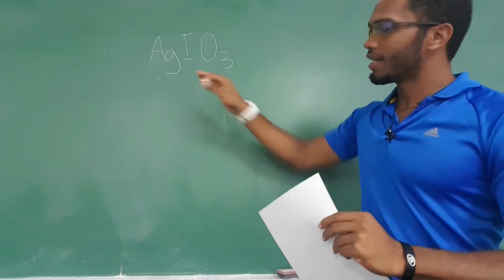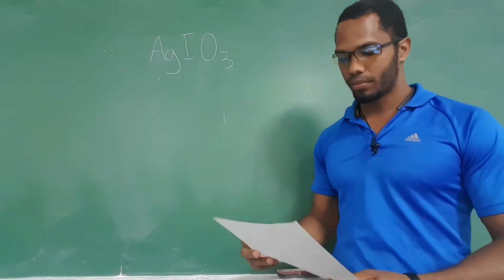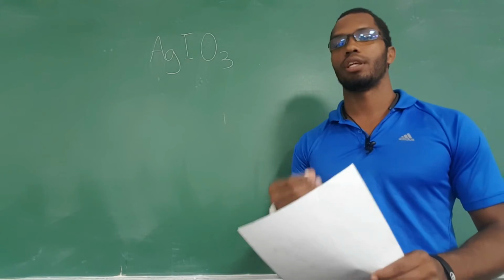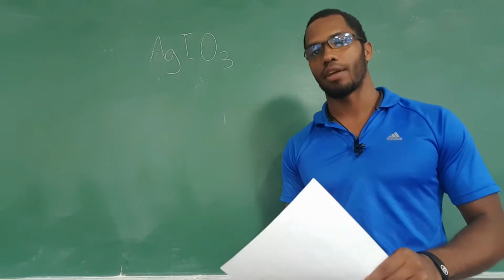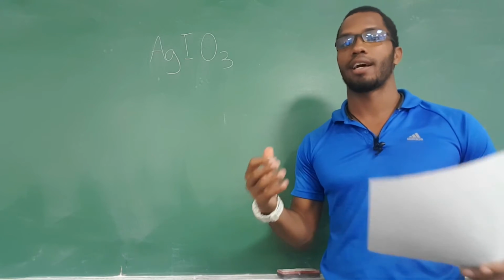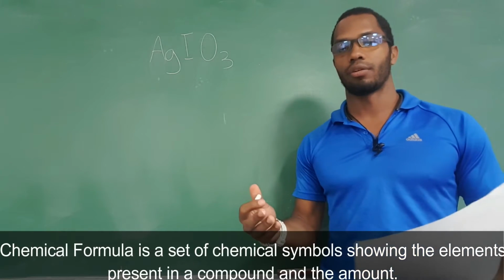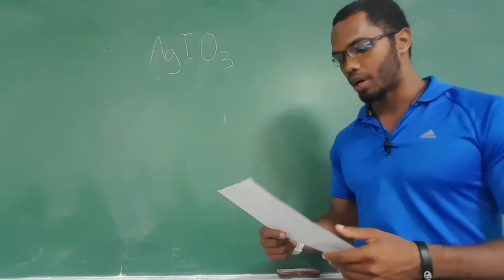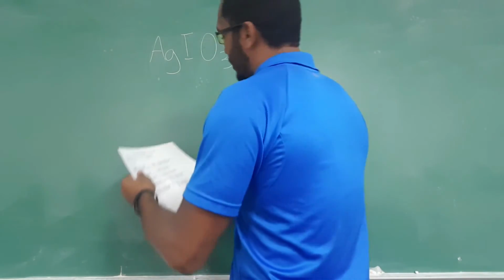Now, this chemical formula shows the elements that have bonded together, through either of the bond types, ionic bond or covalent bond. So let's take a look.